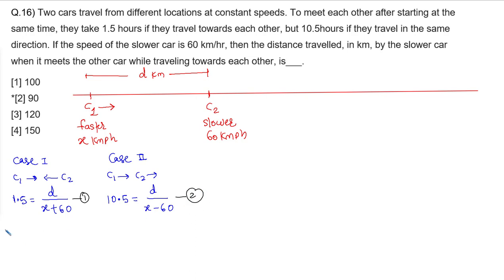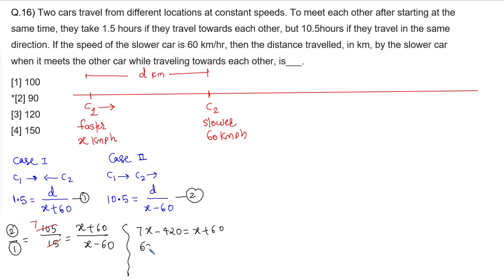What I will do is divide equation 2 by equation 1. So 105 divided by 15 is equal to x plus 60 divided by x minus 60. So this is 7. If you further cross multiply, let's have a look at what you will get: 7x minus 420 is equal to x plus 60.